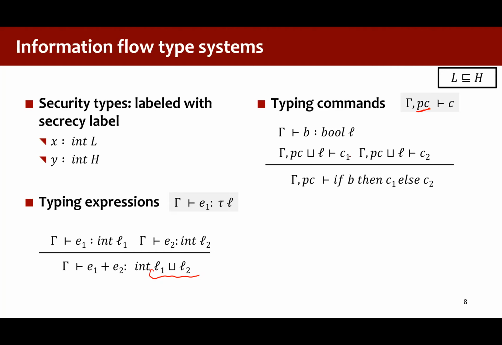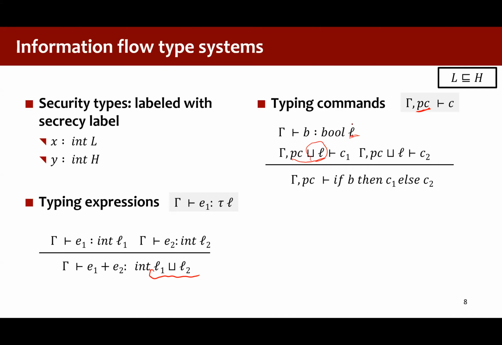So the program counter's goal is to remember the context where the implicit flow could possibly happen. If your original program counter is PC, when I type check C1 and C2, it has to be type checked under a counter that's joined with the label of the branching itself. That's where the program counter comes into play.